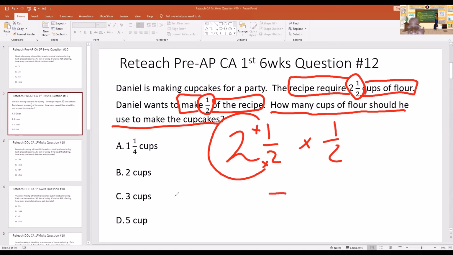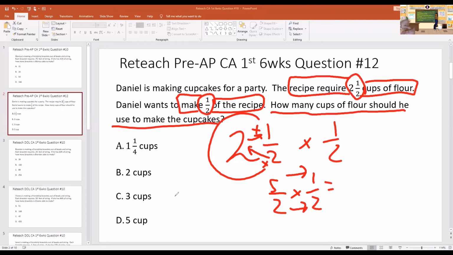The next step will be simply to write the denominator. Now, we will find our numerator. 2 times 2 gives us 4, plus 1 will give us 5. Now, we will simply bring down the 1/2, and we will multiply our numerators and our denominators.